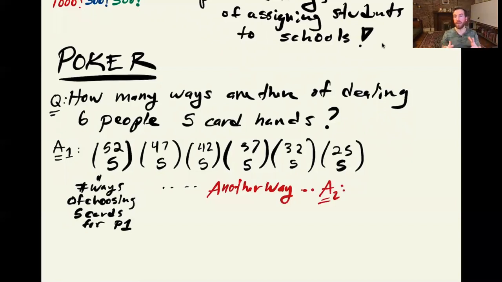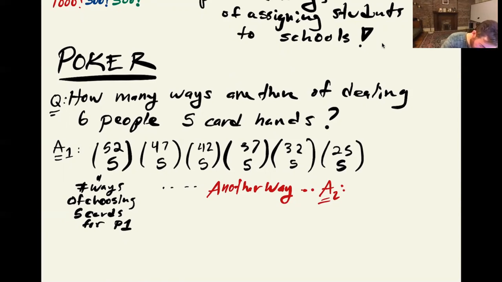Well, I need to assign my cards so that of my 52, I have 5 going to person 1, 5 going to person 2, 5 going to person 3, and so on. Now notice that doesn't say what happens to the remaining cards. So I'm going to imagine that there's a 7th person who gets the remaining 22 cards. That's just going to be cards that are left over so that we can deal from.